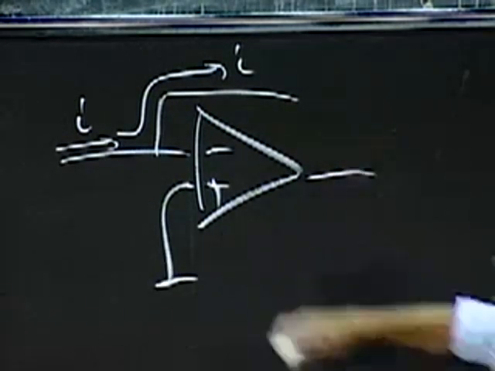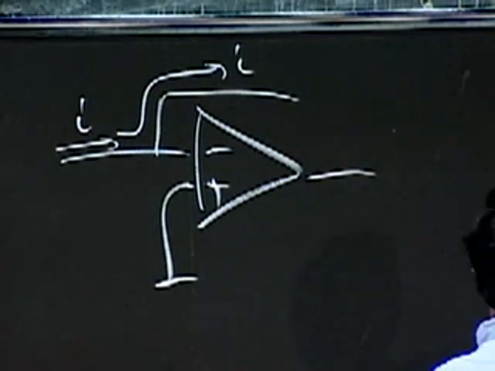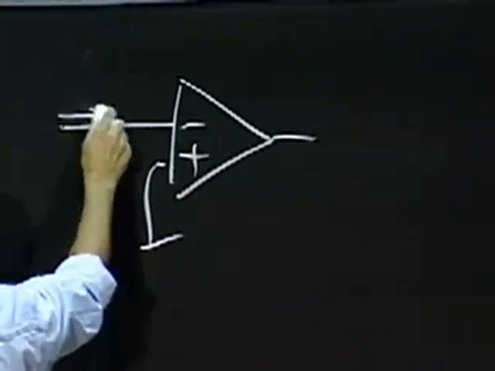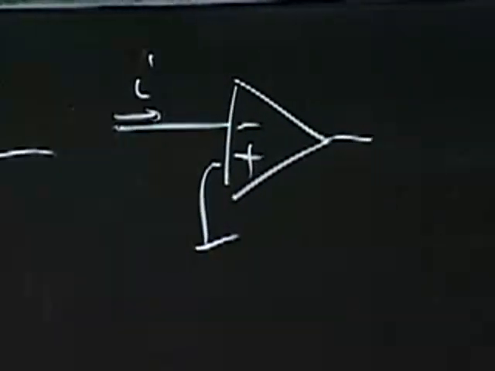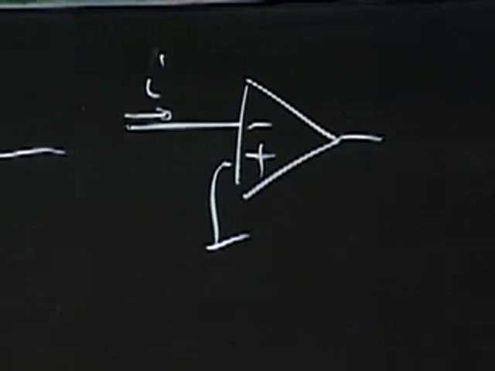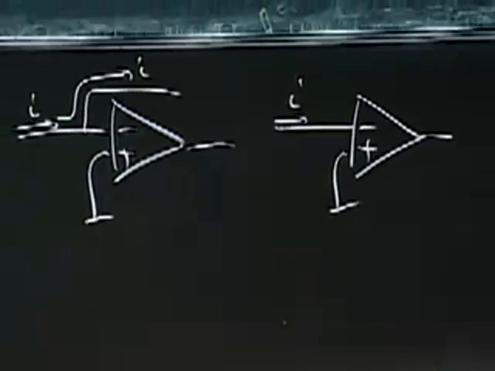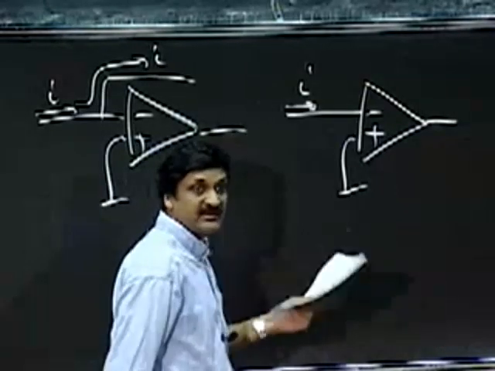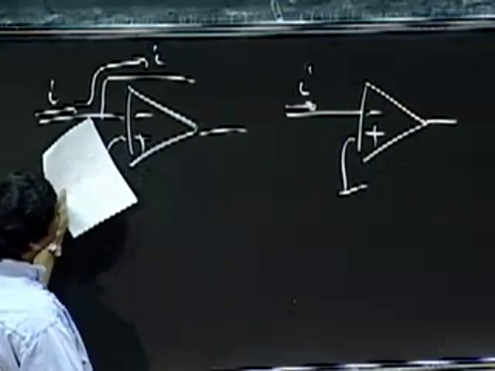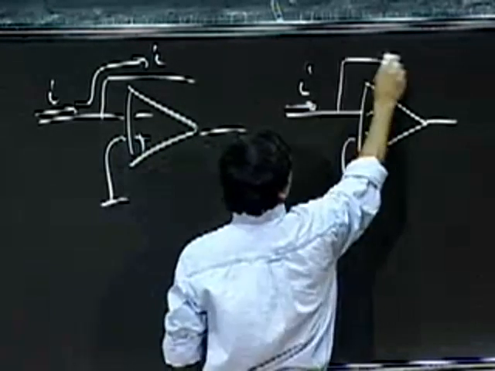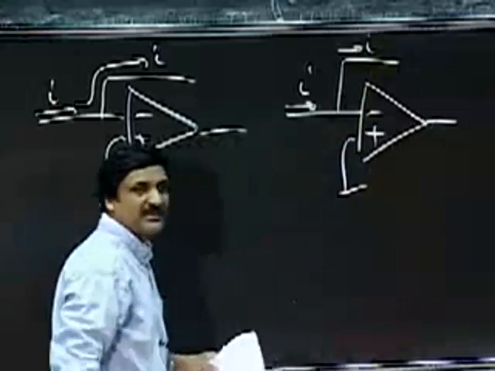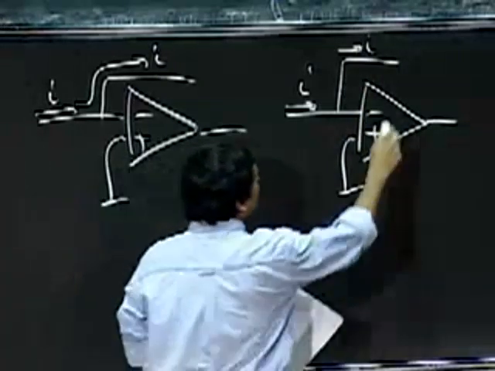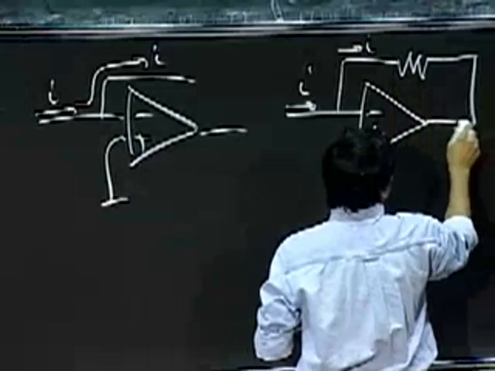Given this trick, suppose I did this. Remember, my goal here is to convert a current to a voltage. I have a current I coming in here, and I can turn that into a voltage because I know this current must come out here. So all I have to do is stick a resistor in there.